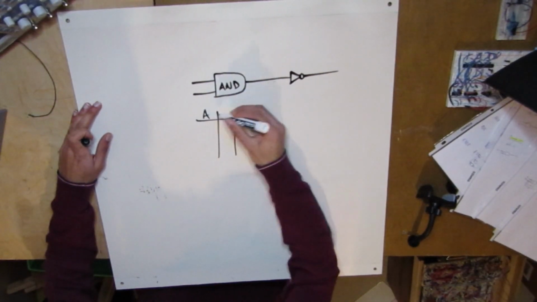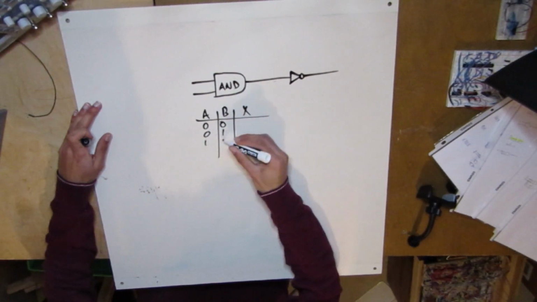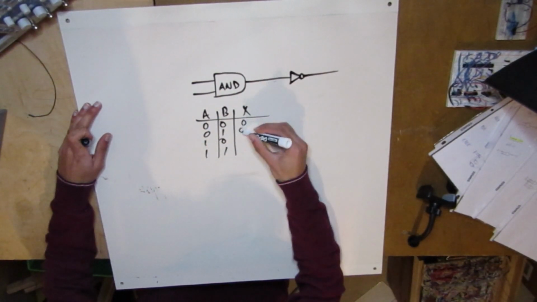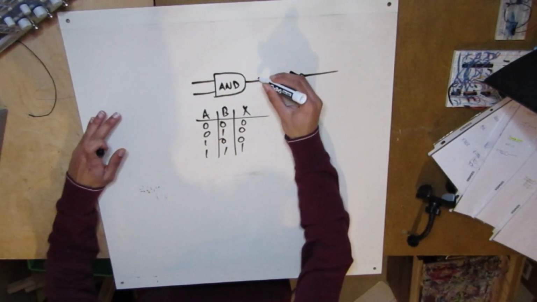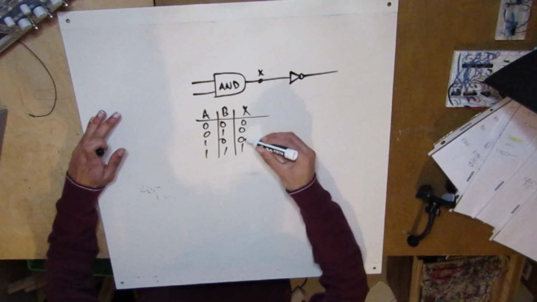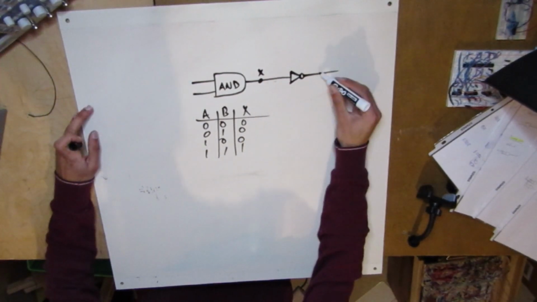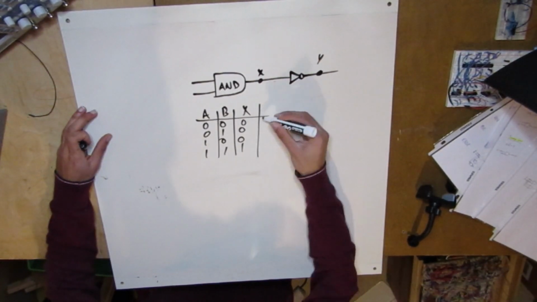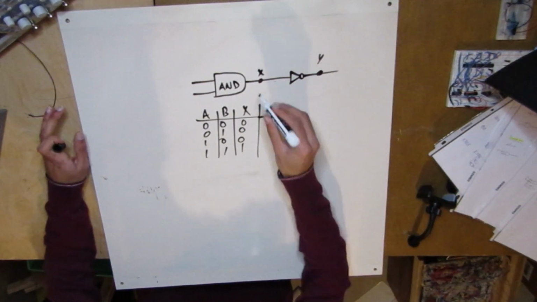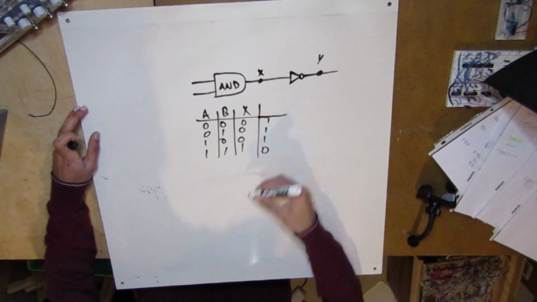So you have A, B, X. I'm just going to quickly go through this. We label this point as X. This is what point X is representing. Let's label this point as Y. Now let's make another entry. You don't even need to think about anything, because whatever X is, Y is going to be the opposite. So we put a 1, a 1, a 1, and a 0 there.